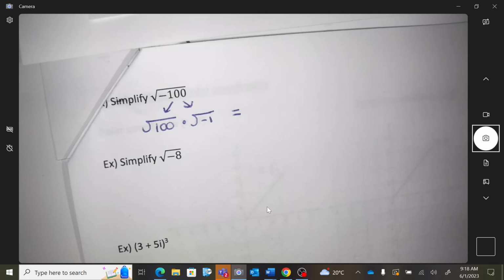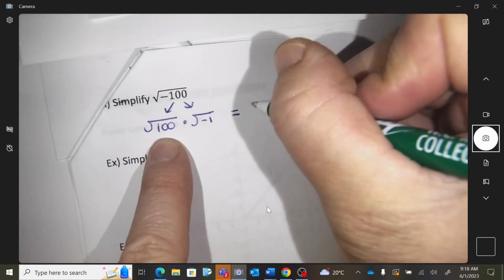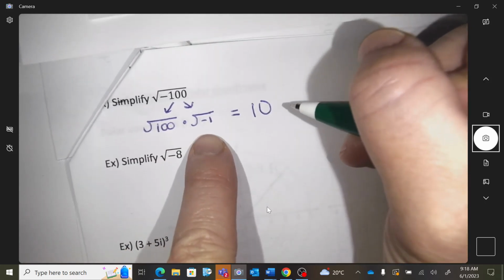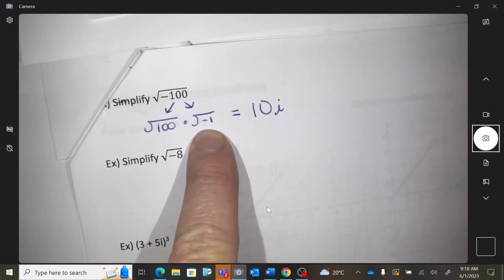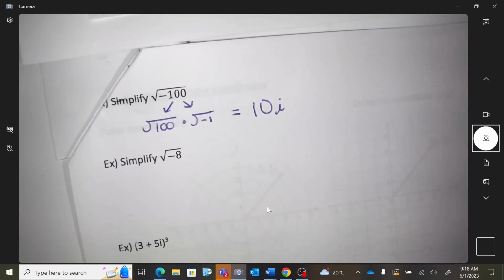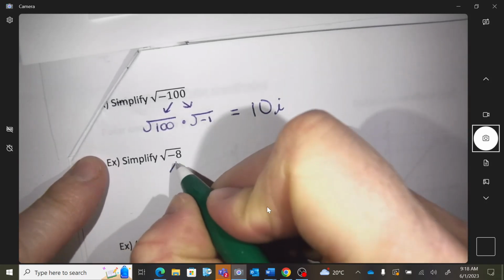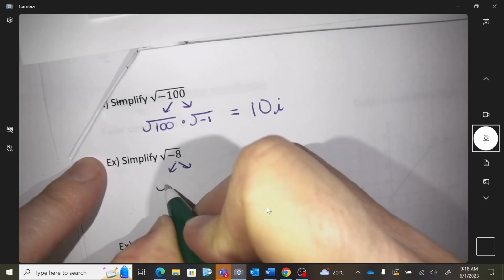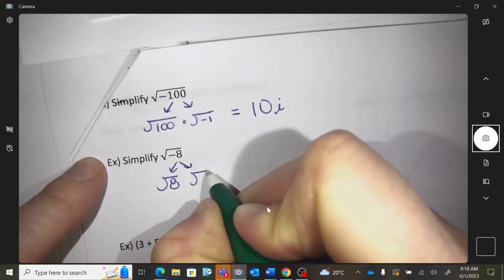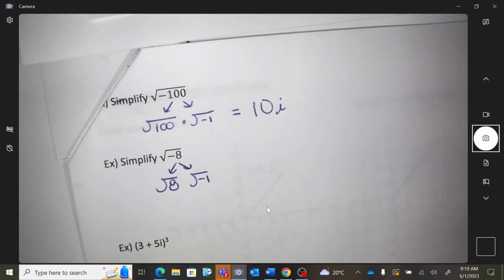And then, what is the square root of 100? 10. What is the square root of -1? i. Okay, same thing here. The square root of 8 and the square root of -1, we can separate them to be equal. That's the same thing.